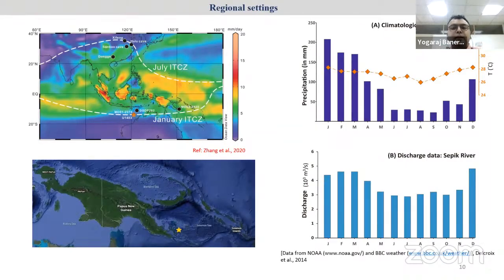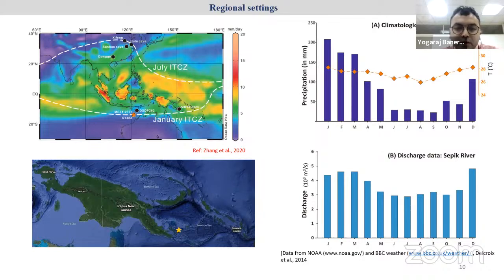This is the overall regional climatology of the region. As I was mentioning, in the topmost left-hand panel, you can see the overall rainfall variability in the Indo-Pacific warm pool region from July and January, where the ITCZ is marked. This is from the Zhang et al. 2020 paper. In the bottom left-hand panel, the yellow star represents the location of core MD05-2925.